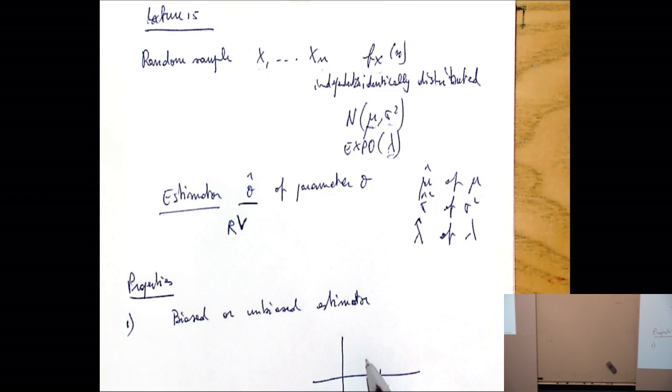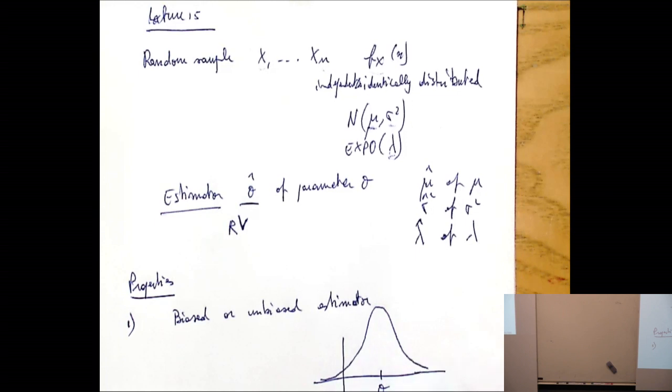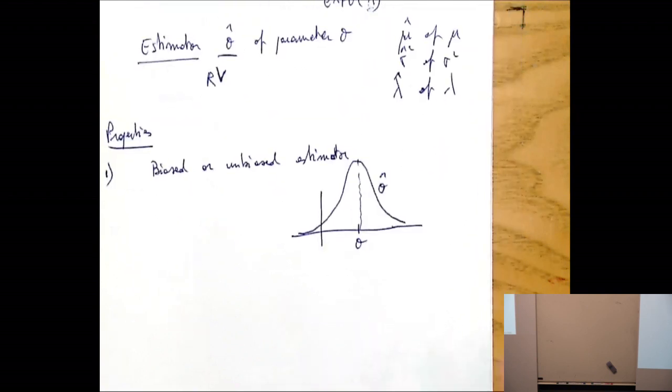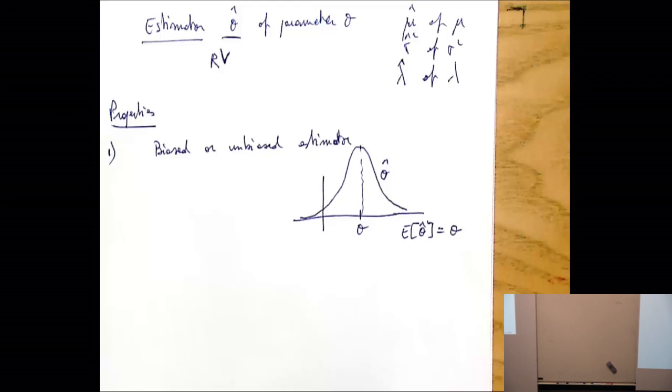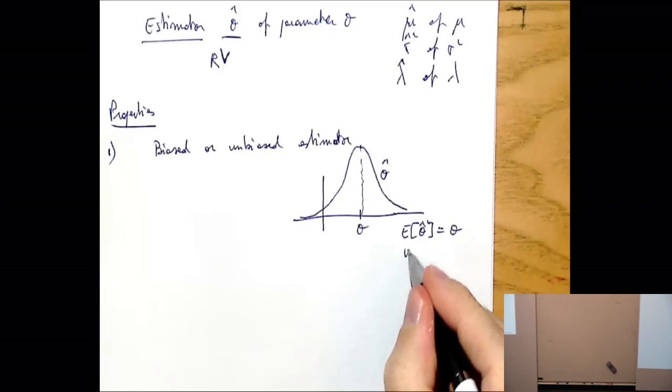This theta hat is a random variable, so it will have a certain probability density function, right? So let's say something like this, right? And so if this is the PDF of theta hat, if the expectation of theta hat is equal to theta, then we have an unbiased estimator, right?